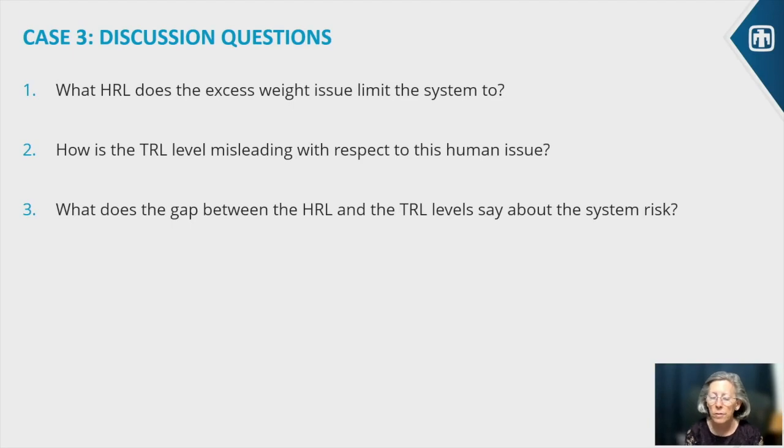So the questions for this scenario: what HRL does the excess weight issue limit the system to? How is the TRL level misleading with respect to this human issue? And what does the gap between the HRL and the TRL levels say about the system risk?